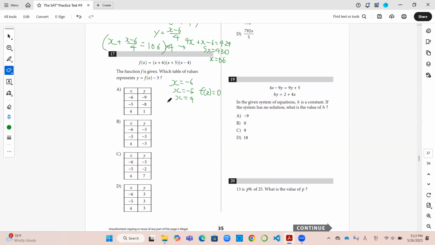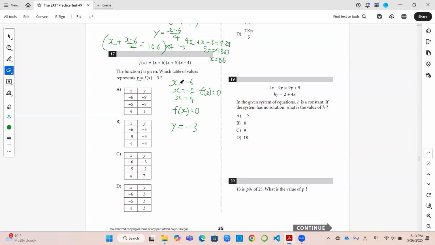So since the function y is equal to f of x minus 3, all you gotta do is check that if we plug in one of the three values here, f should give me a 0, and then y should give me a -3.